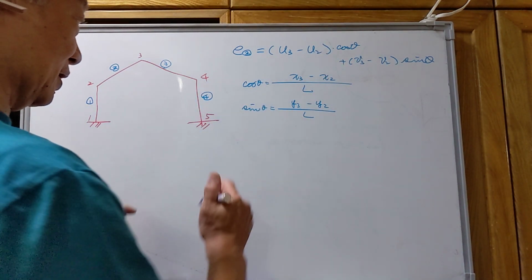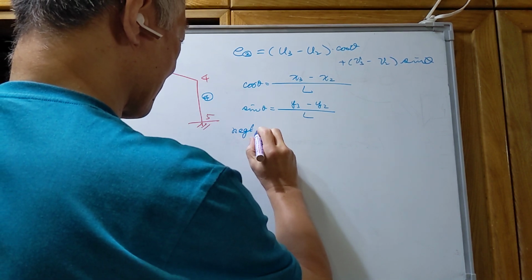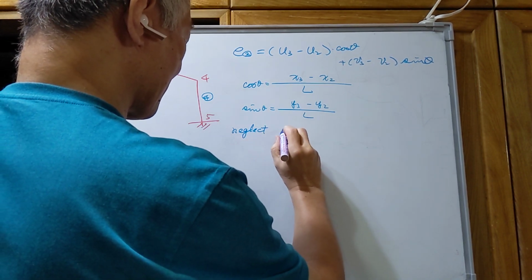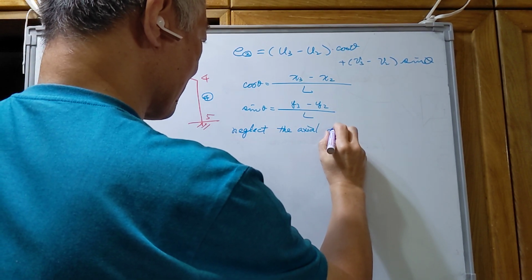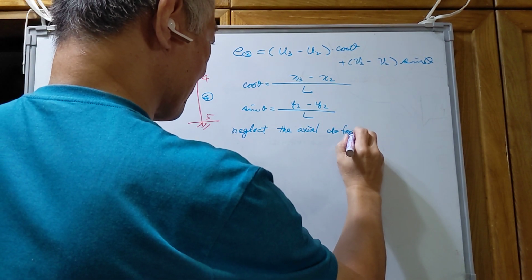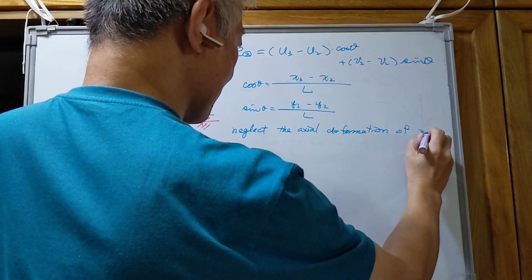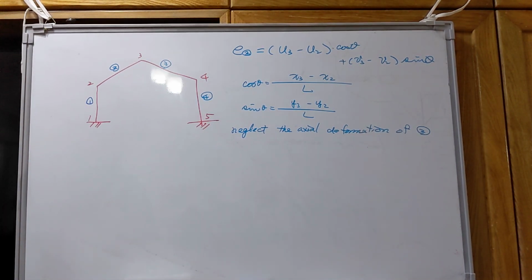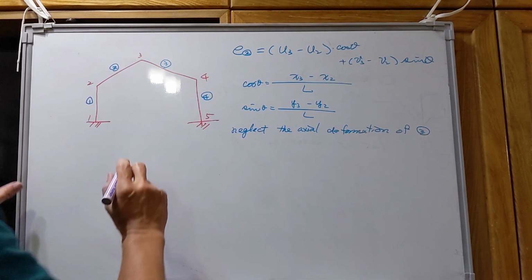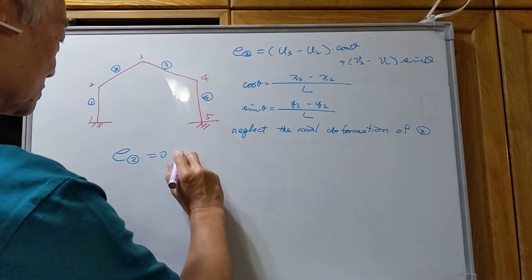If we neglect the axial deformations for element 2, then we can say e2 will be equal to 0.